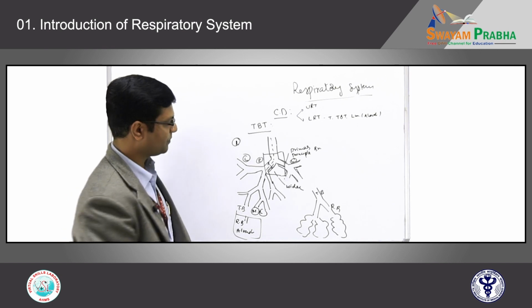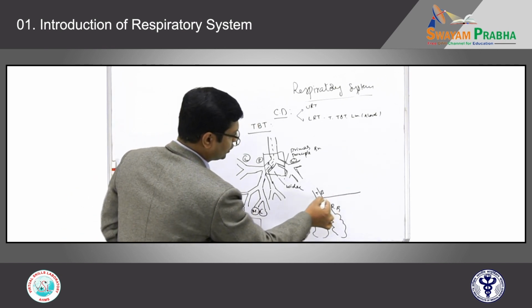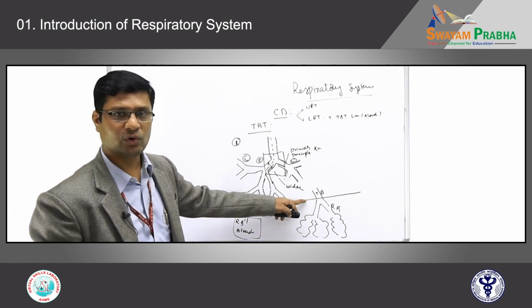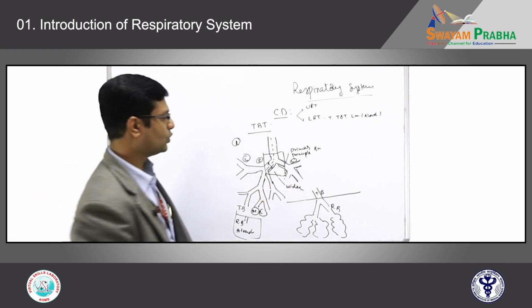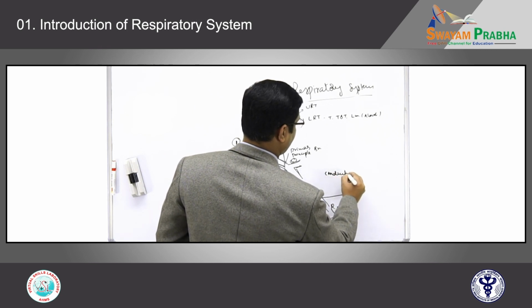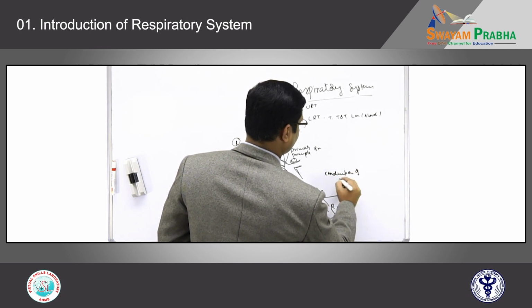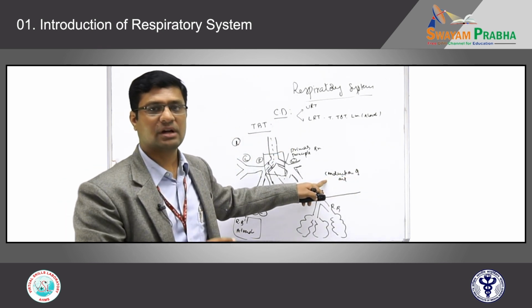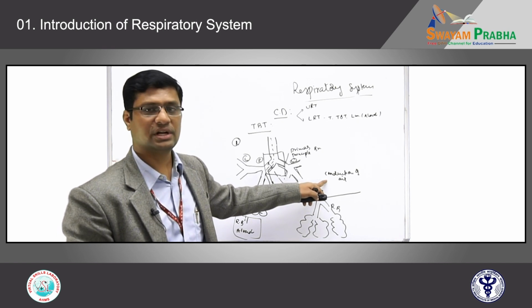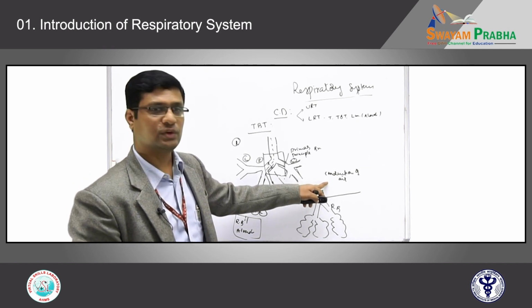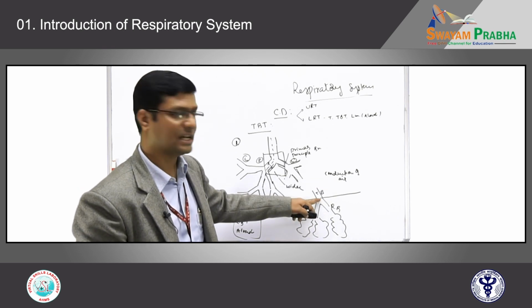Why is it important? From the trachea till the terminal bronchiole, the main function is only the conduction of air. That means it has other functions, but if we want to discuss diffusion, diffusion does not take place at this level.